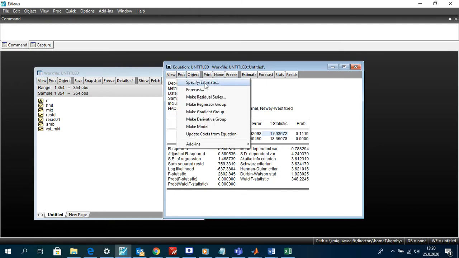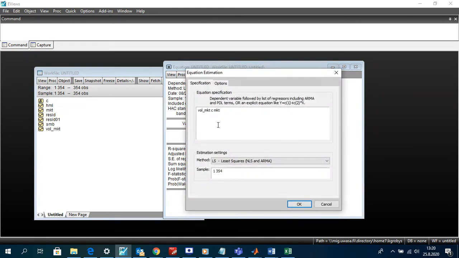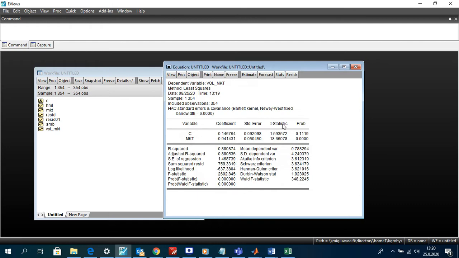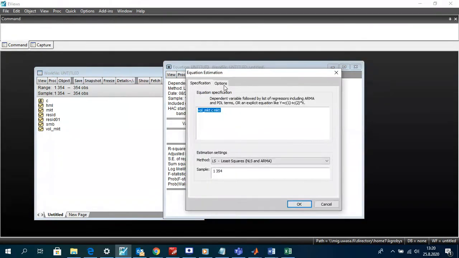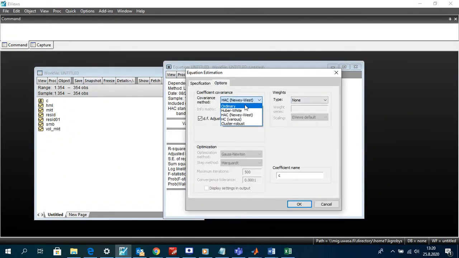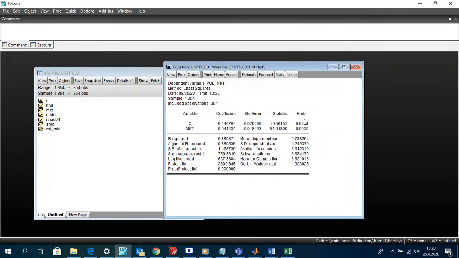But anyways, based on the inference that we can make, if we go back and take the ordinary t-statistics, we see that on a 5% level we would not reject the null hypothesis that this alpha is 0.